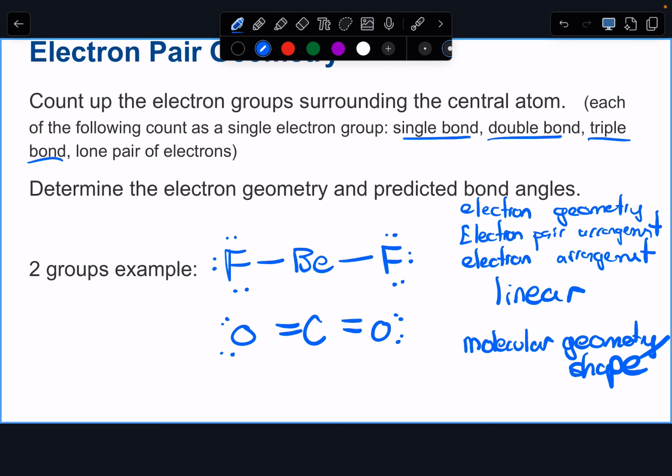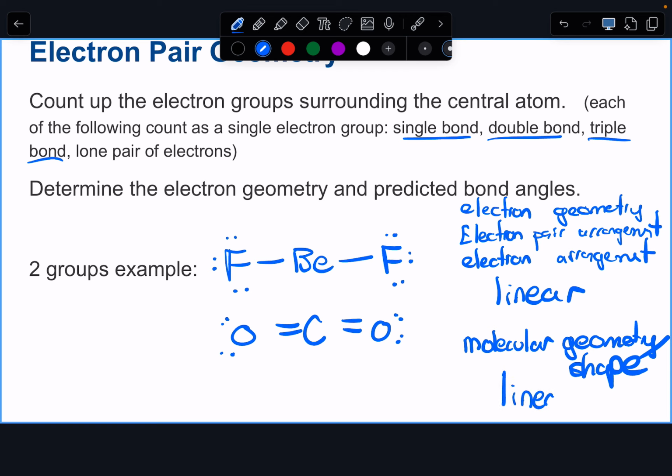So in this instance, it's the same thing because all of them have an atom connected to those electron groups. So when we do 3 groups, this will be clear when it's different and when it's not. But for now, both of those groups have an atom attached to it. And so we also call the molecular geometry linear.